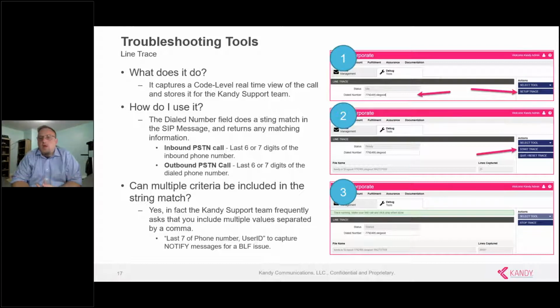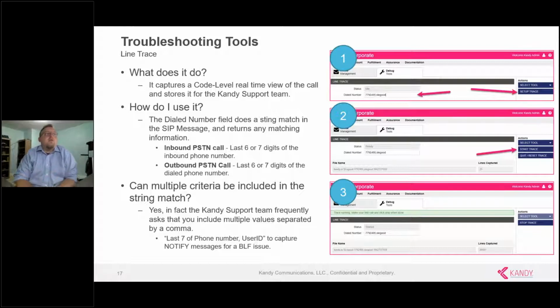Perhaps I'm calling a telephone number that is frequently called from that customer by multiple people, but this one user is having a problem. I can include a good portion of the telephone number, and then also include that particular user's subscriber ID or user ID, so that it only looks for information from that user.